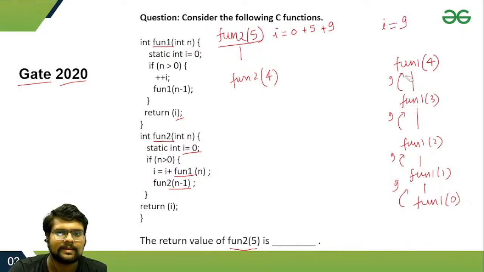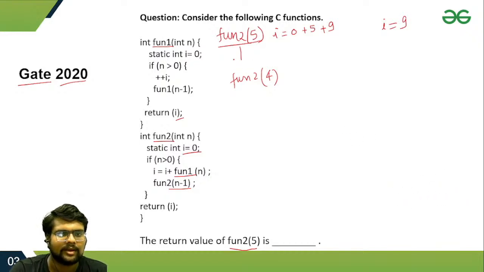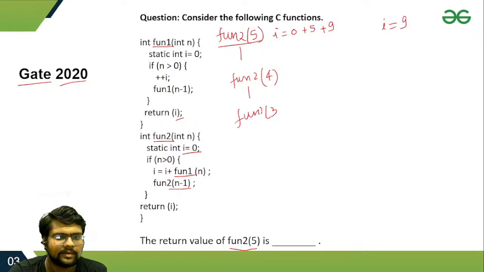Now let me erase all this. Now after fun2 of 4, fun of 3 will be called. Now fun1 of 3 will be called, and again I will get incremented to 10. Then fun1 of 2 will be called, again it will get incremented to 11.